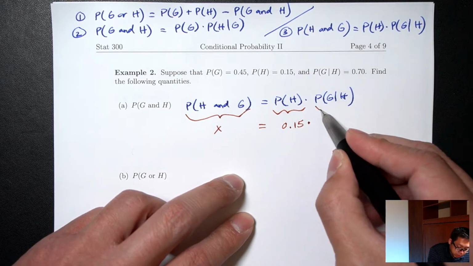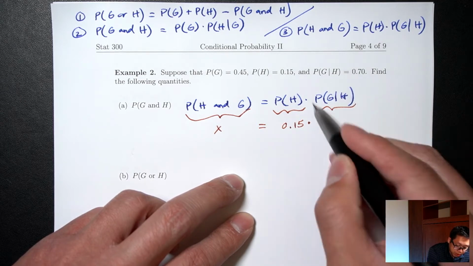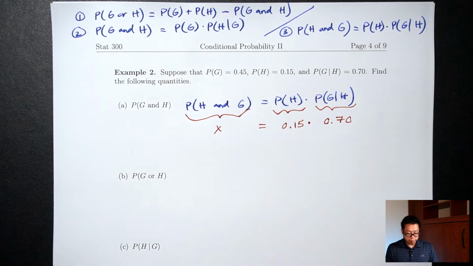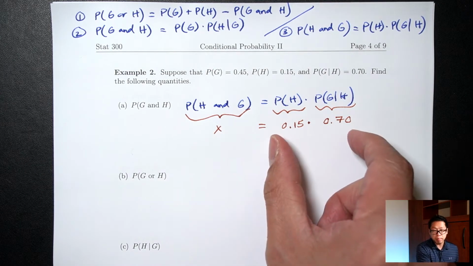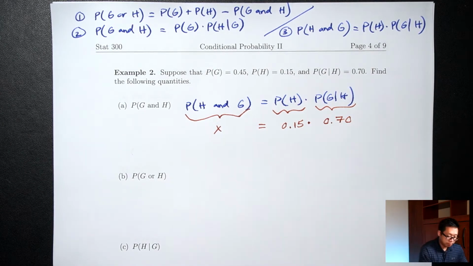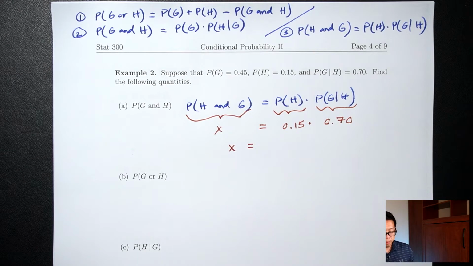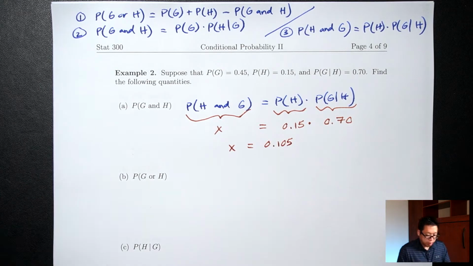G given H. What is probability G given H? G given H is 0.70, so this entire thing is 0.70. And then our job is to get the X by itself. The X is already by itself on the left side, which means all I need to do is just do that. So 0.15 times 0.70 is 0.105. Okay, so what I just found was probability G and H is 0.105.